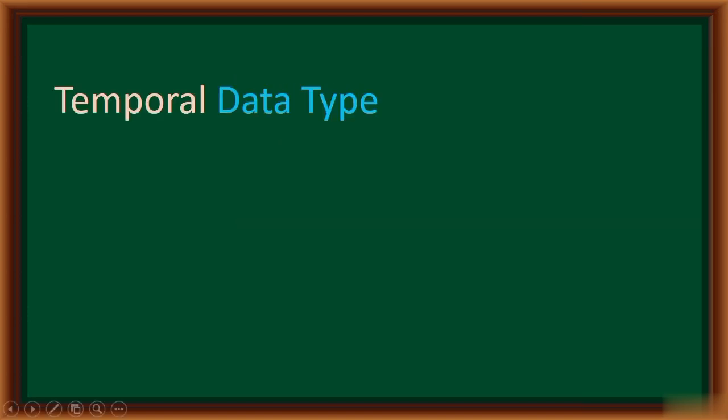The next type of data type is the temporal data type. This data type stores things like date and time related data. There are 5 main temporal data types in Postgres. So I'll start with the first one, which is date. The date basically stores date values. And then we have the time that stores time of the day values.